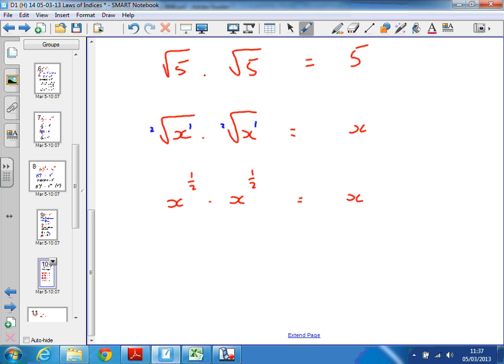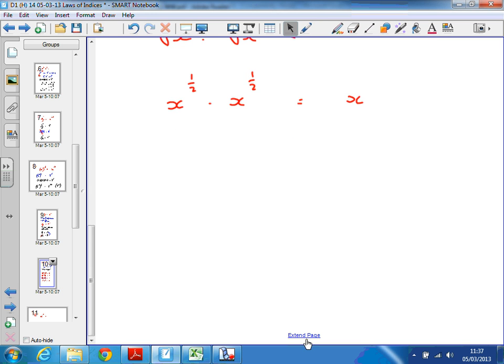Okay? And the same thing would apply for the cube root. What's the cube root of 27? The number which I times by itself twice gives 27. 3 3s are 9 times 3, 27. It's 3. Okay?